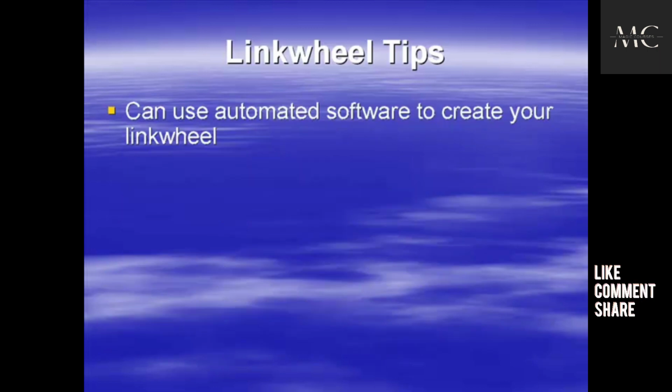Now, there is automated software on the market that will create the link wheel for you. However, I've tried 3 different pieces of software now, and honestly, they're all problematical. They really, really are. The trouble is creating a link wheel is a complex process, and much of the software relies on scripting.